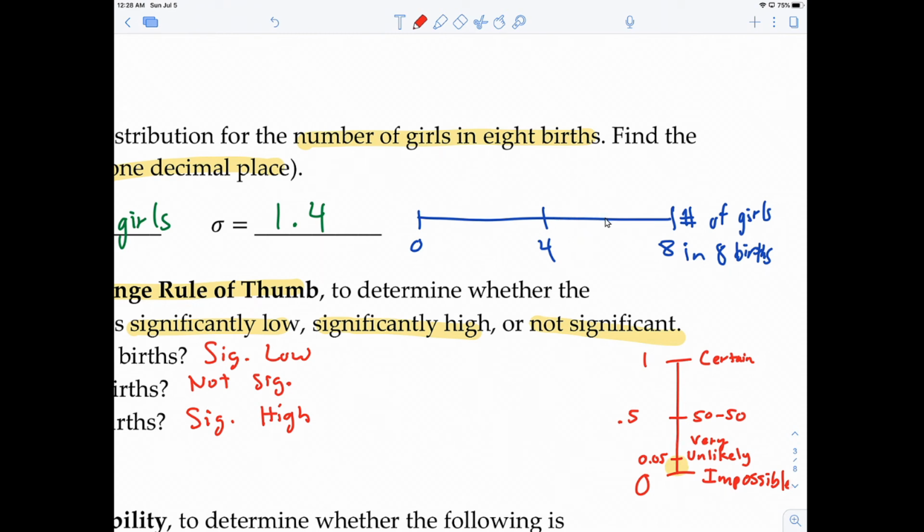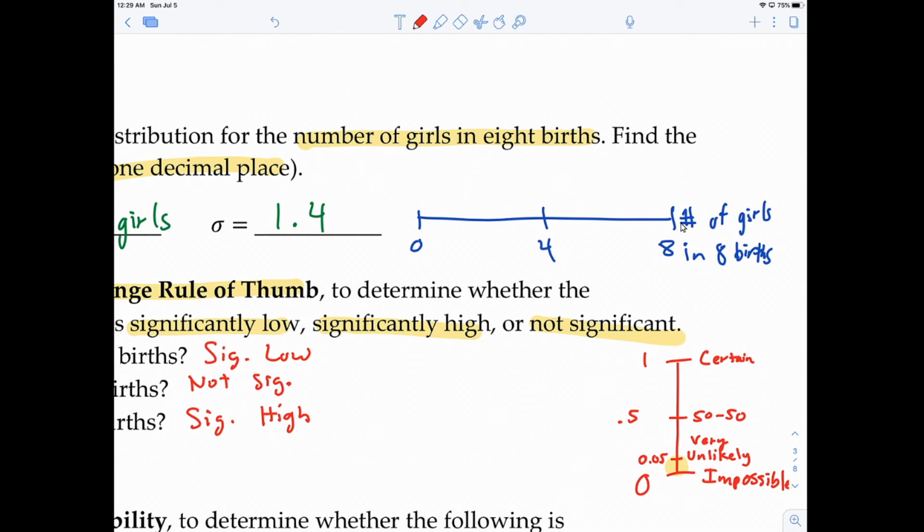What about 6? What's the probability of having 6 girls out of 8? Would that probability go up or go down? And what about 7 girls out of 8 births? You should be thinking the chances of having 7 or 8 girls, the further I move away from 4, especially 8 girls, that probability should be low.